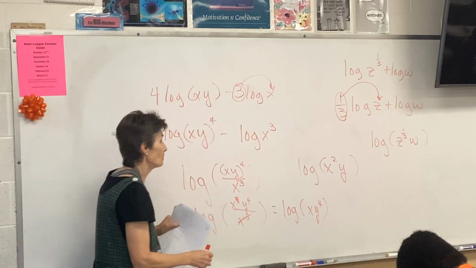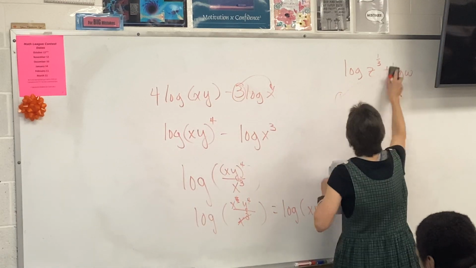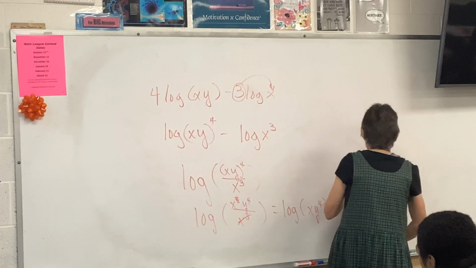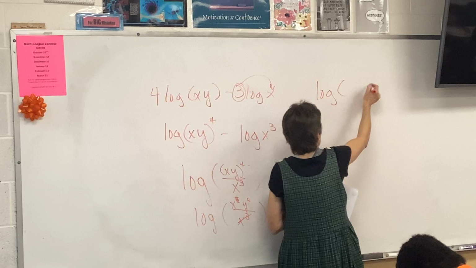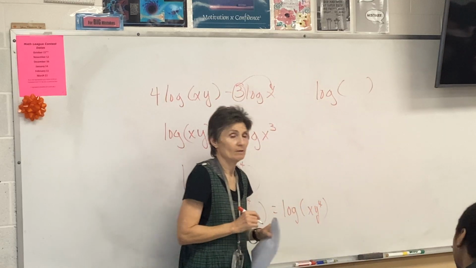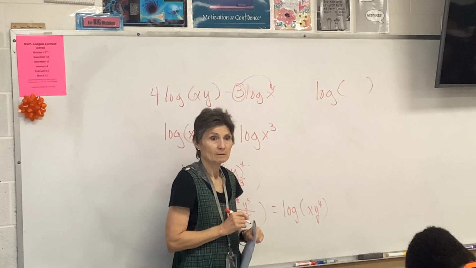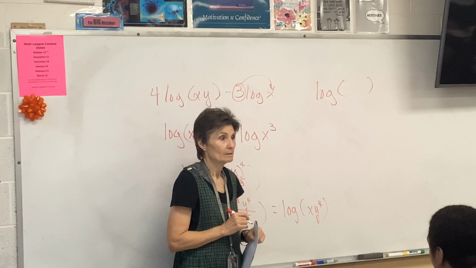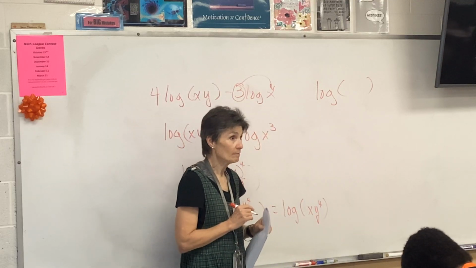Hang in there, almost done. All right, what do you think about E? Let's put that together. What's that gonna be when I put it together? The log of, not 4/7, 4 times 7.